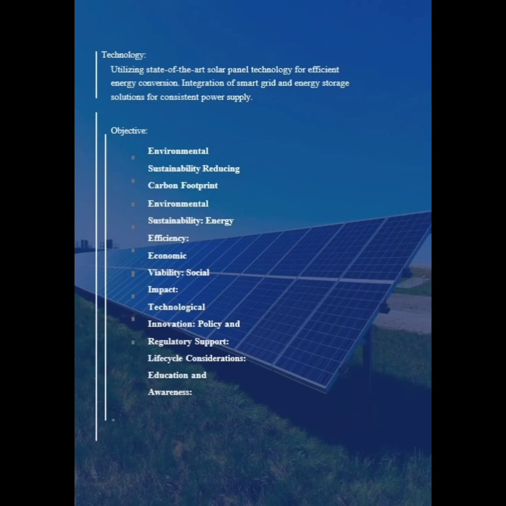By pursuing these objectives, societies aim to transition to a more sustainable, resilient, and environmentally friendly energy system, with solar power playing a crucial role in achieving these goals.